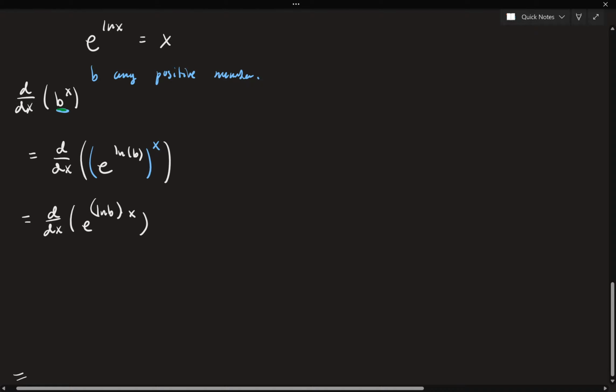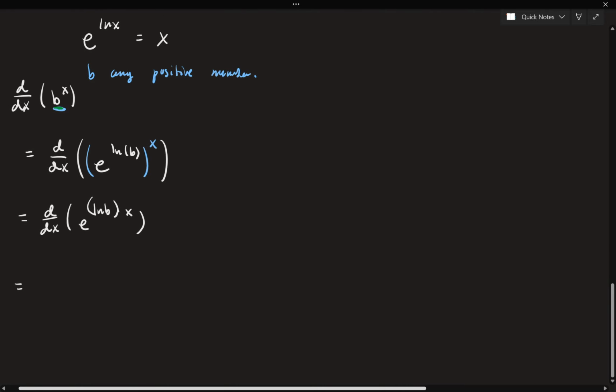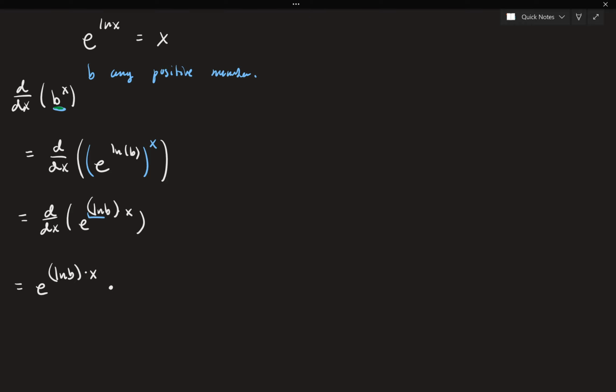And now I know how to take the derivative, because this is a chain rule. The derivative of e to the something is just e to that same something. And then I have to multiply by the derivative of the inside, the derivative of ln b times x. b is just a number.